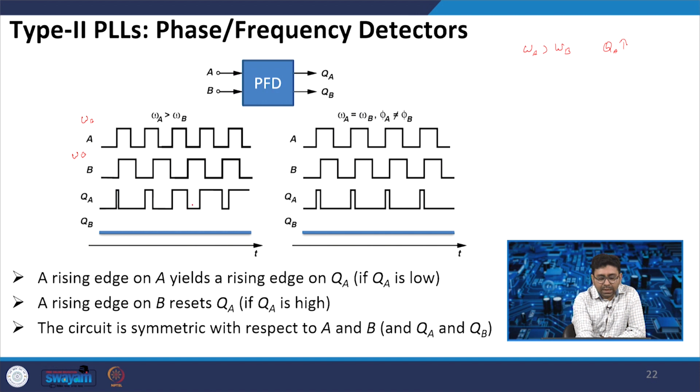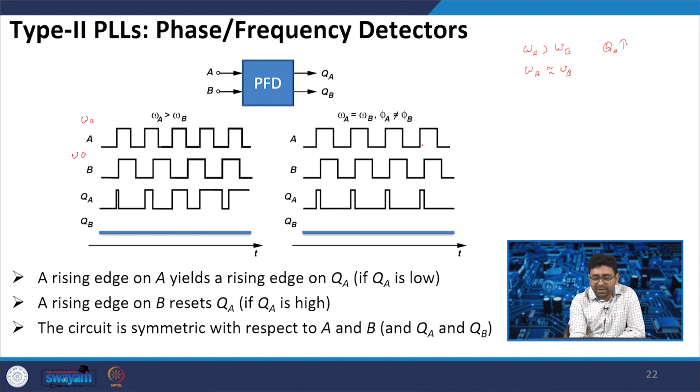Now, the moment QA is equal to QB, if omega A is equal to omega B, then this QA will have a constant change in the phase, because now there is a constant frequency.